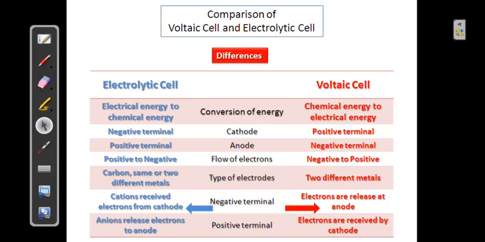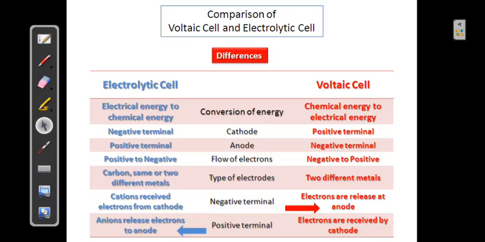So when you look at the difference now, it's just the opposite. If cations receive electrons from the cathode, then at the negative terminal, at the anode, electrons are released for the voltaic cells. Just the difference, right?